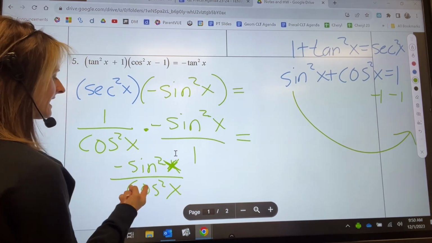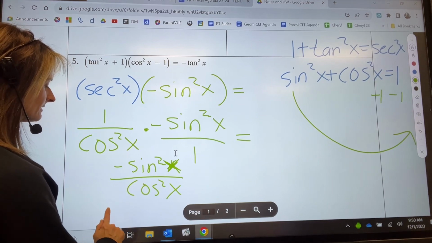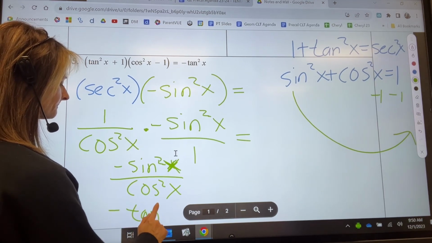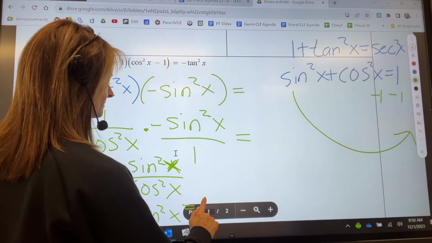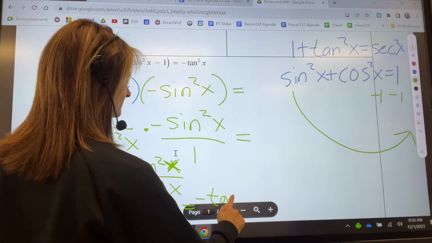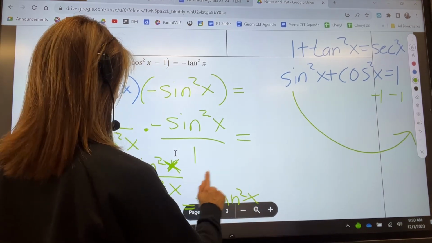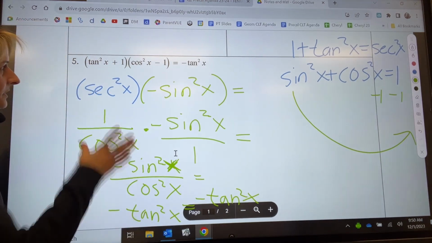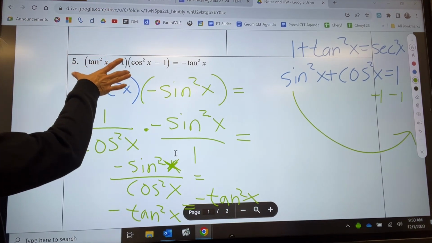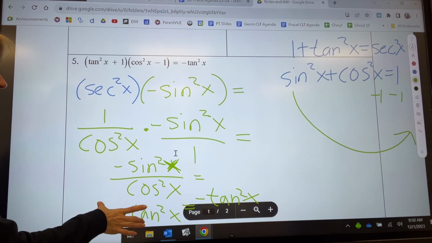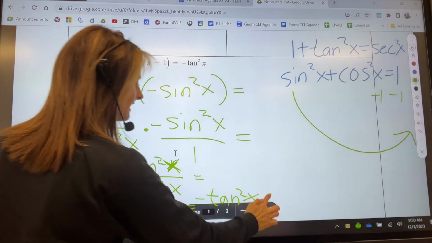Hey, isn't that negative tangent squared? Negative tangent squared equals negative tangent squared. This is messy. But notice I'm working on the left until I get my left side to look just like my right side, and then it's verified.